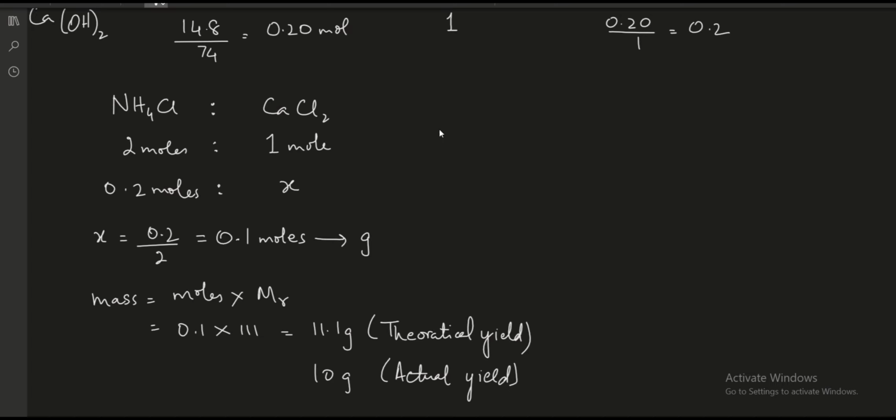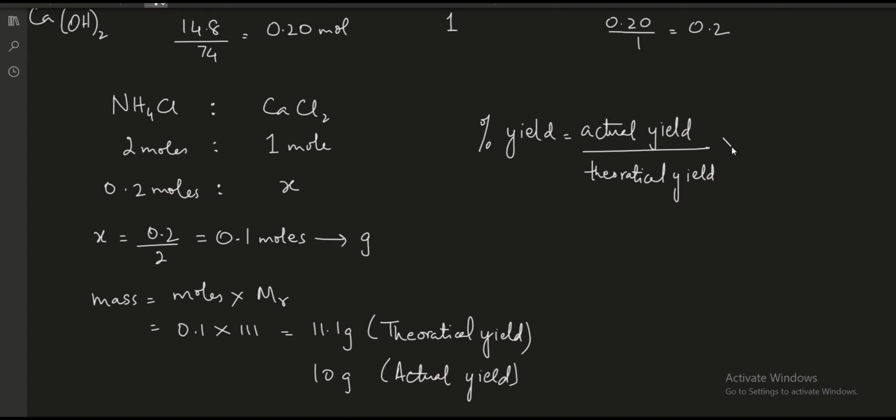Okay, so just put the values in the formula for finding out the percentage yield. It is actual yield divided by the theoretical yield multiplied by 100.